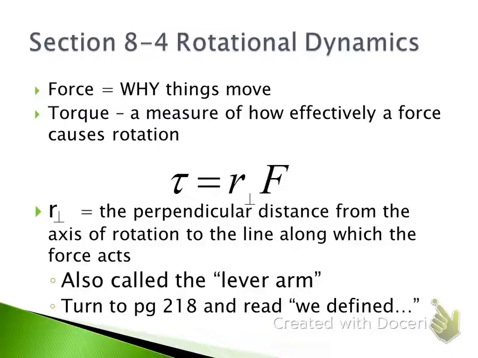So this perpendicular radius is realistically the distance from our axis point to the point where our force is being applied. Hopefully those things are at a right angle. That would be the most convenient for us.